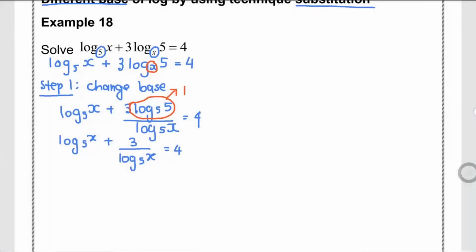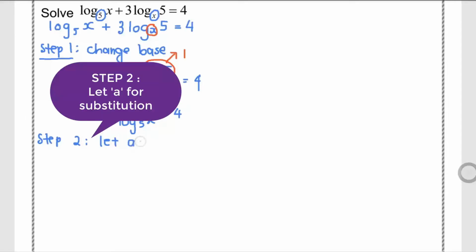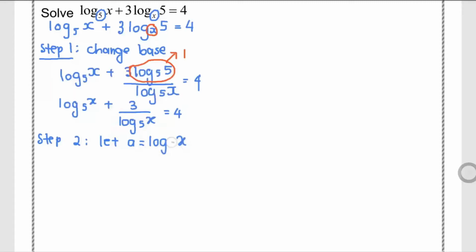Now, moving to the next step, step 2, we will simplify our equation by letting log x base 5 be a simpler variable. So let a equal log x base 5.